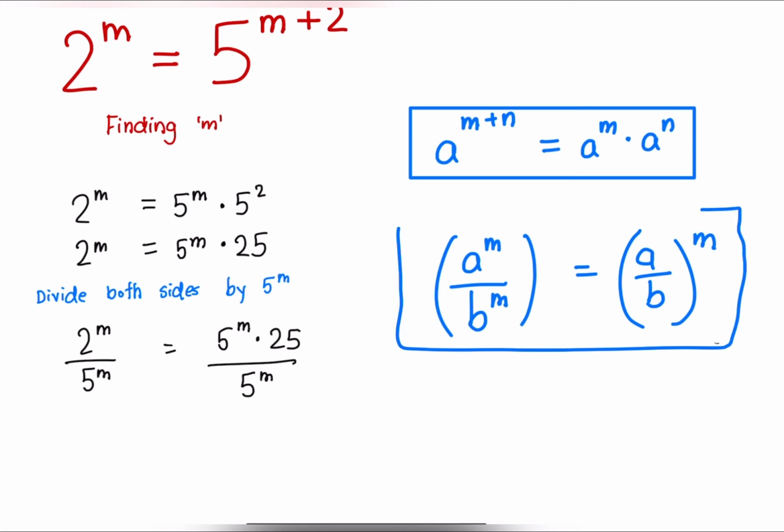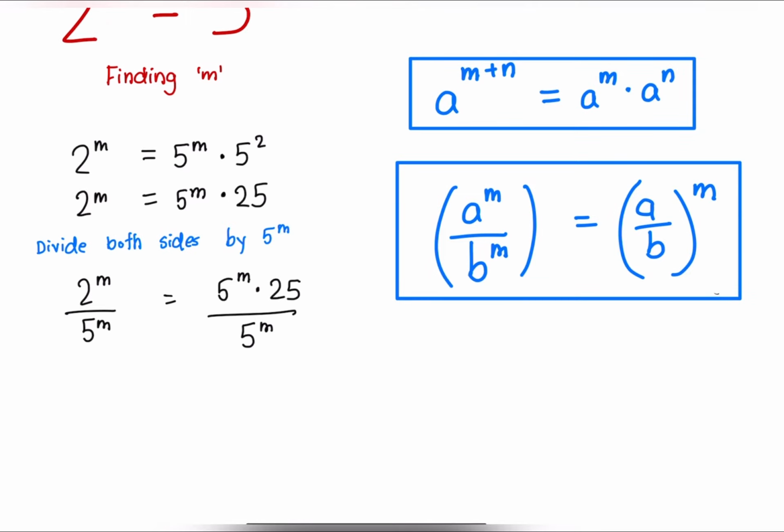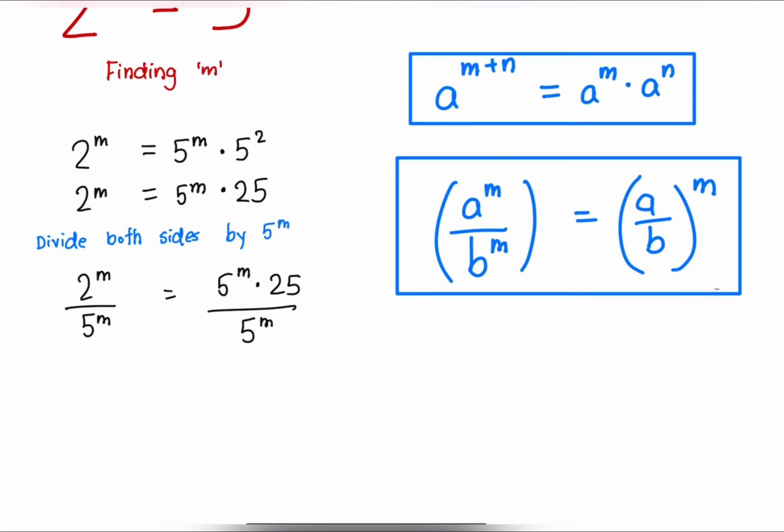So we're going to be making use of this rule too, and we're going to substitute 2 to the power m over 5 to the power m, and we're going to write it as 2 over 5 to the power m. And over here, if you notice, the 5 to the power m and the 5 to the power m get canceled, leaving us with 25.